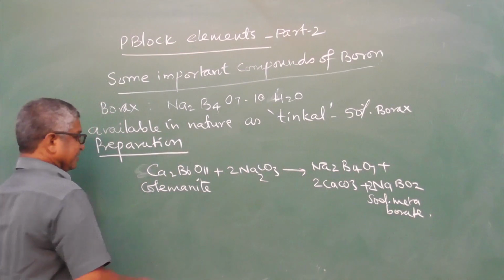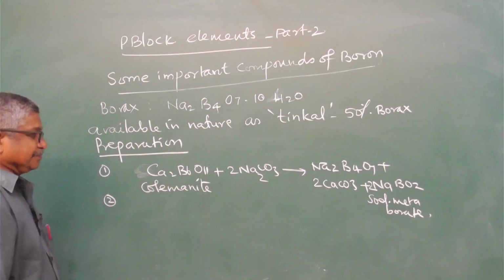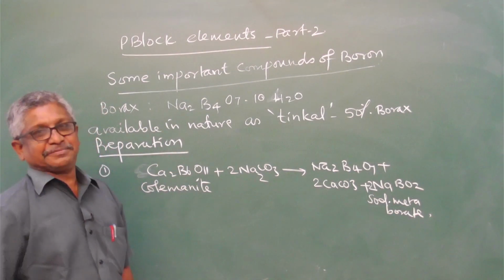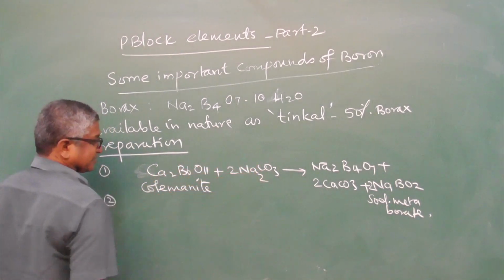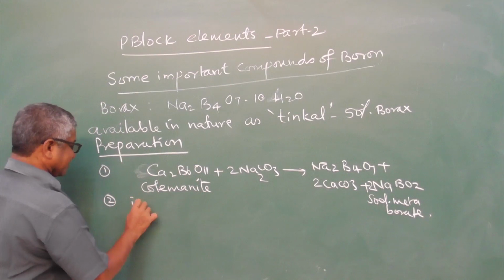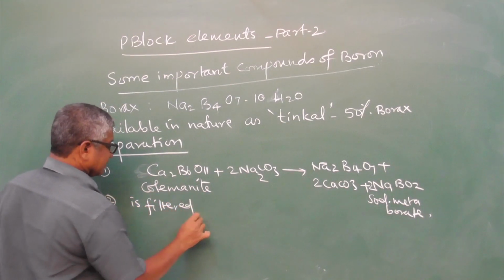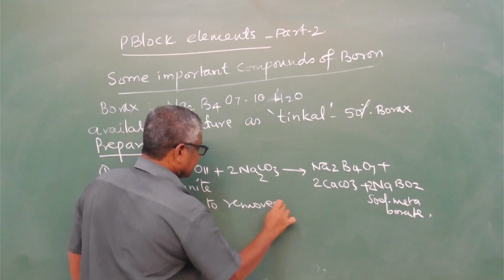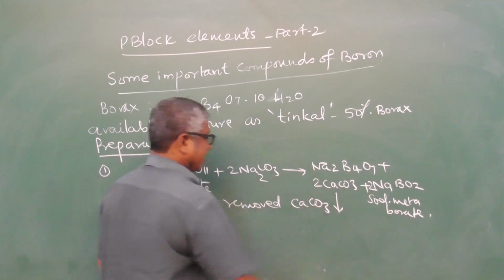This is the first step. In one step we will not get it, we will take 3 steps. In the second step, the mixture is filtered to remove calcium carbonate as a precipitate.